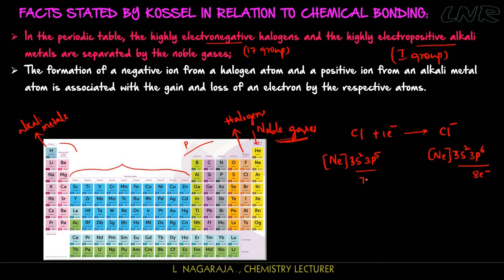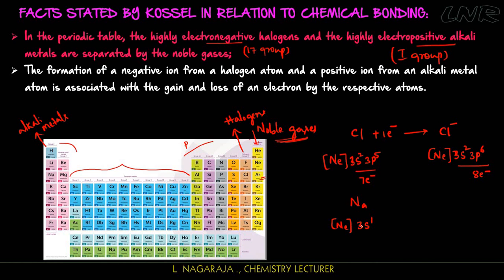In the chlorine atom, it contains only 7 electrons. By the gain of 1 electron, it gets the nearest noble gas configuration, that is the configuration of argon. And let us take a sodium atom, which has the configuration neon 3s1.